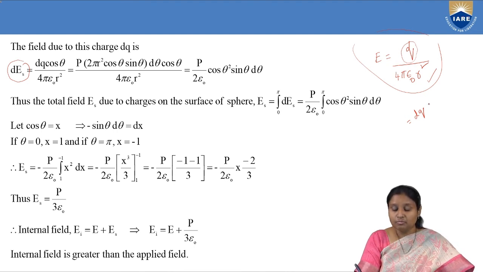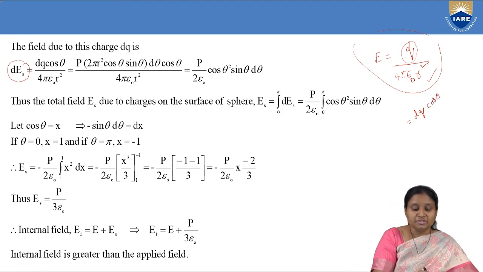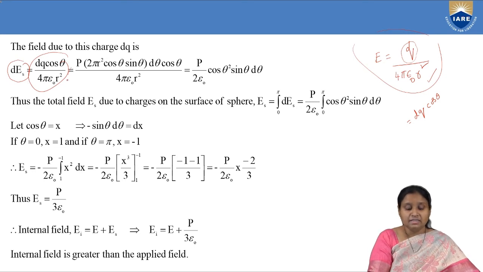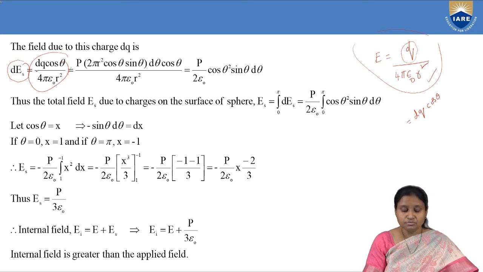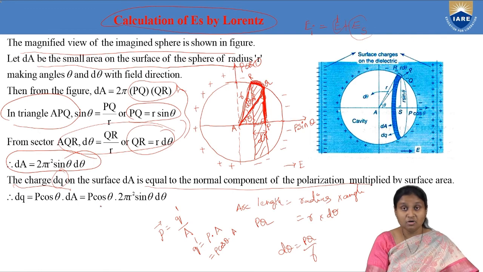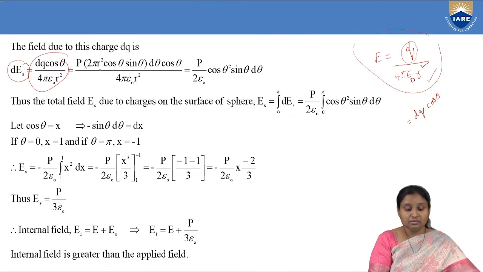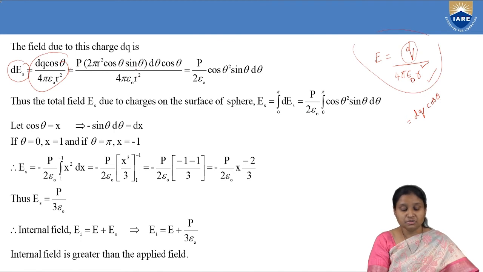So the normal component of the charge distribution gives dq cos theta by 4 pi epsilon naught r square. That is what we have done in this case. And we know the value of dq, which we have taken as P cos theta 2 pi r square sin theta d theta. So in place of dq I substitute this, and of course I have my cos theta, and in the denominator we have 4 pi epsilon naught r square.